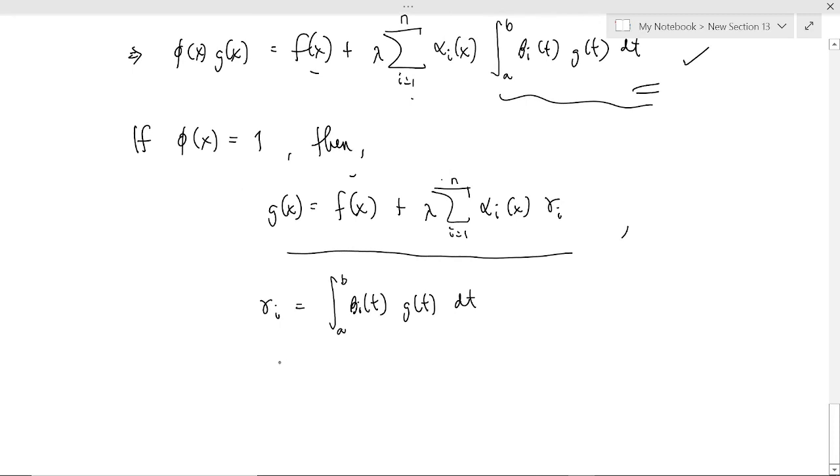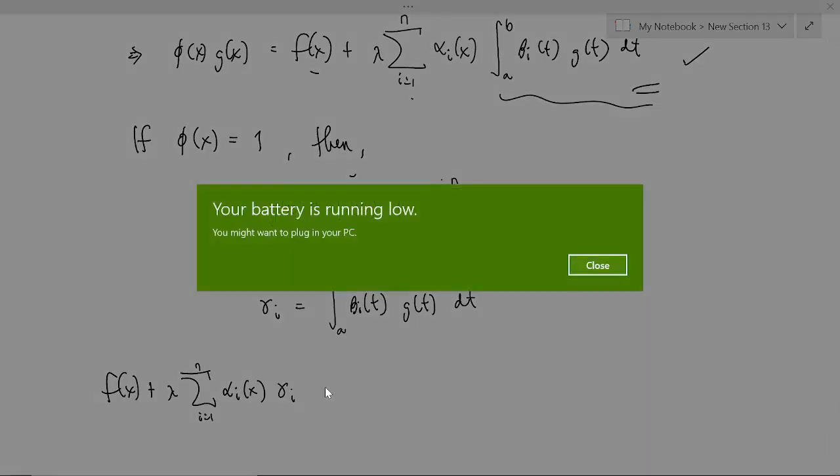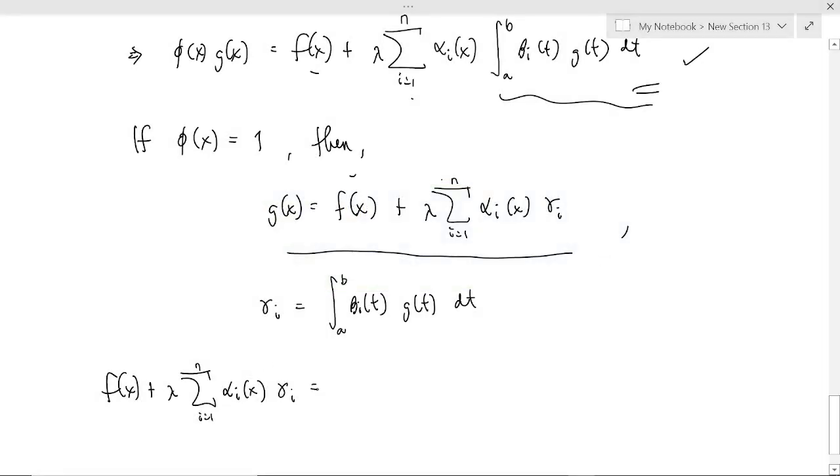So we have solving for gamma i. We actually can expand this one. So we have f of x plus lambda times the summation of this one, from 1 to n, times gamma i. Let me just write this one step by step.